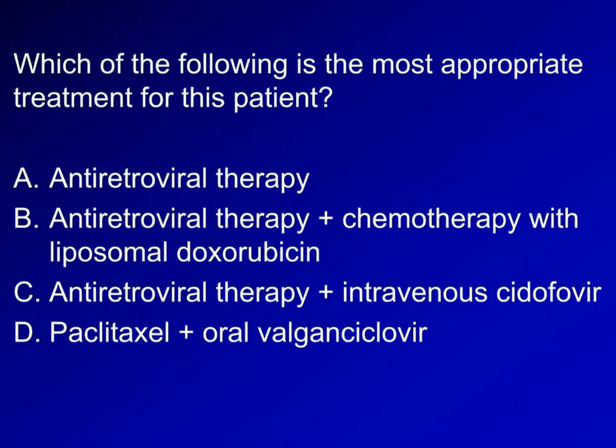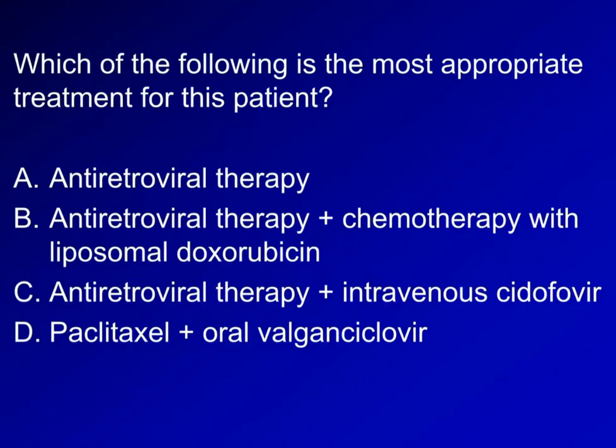Correct. This is me trying to trick you guys. This is a perfectly cherry-picked case where I told you the chest x-ray was normal and the guy had no symptoms. So antiretroviral therapy alone. If somebody has pulmonary, GI, or widespread disease, then you would add chemotherapy.